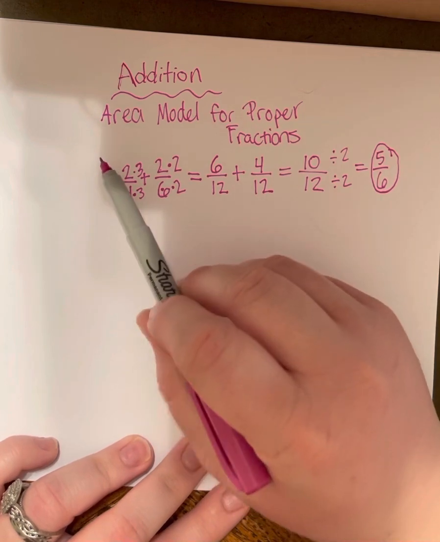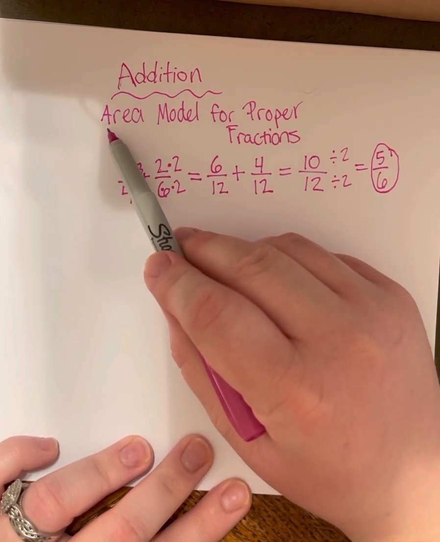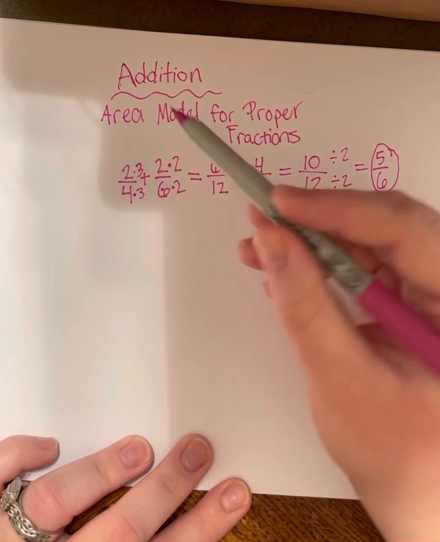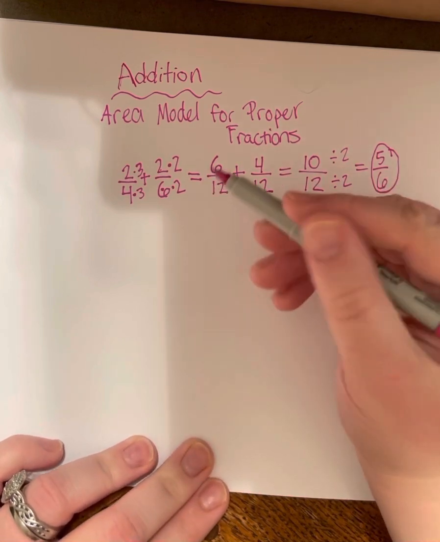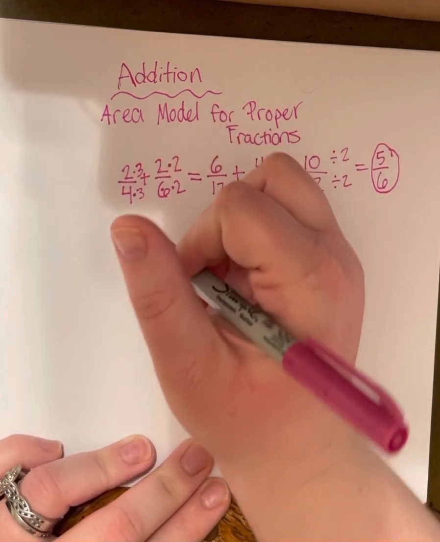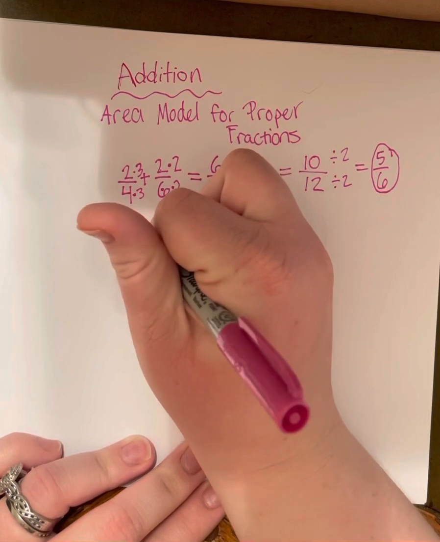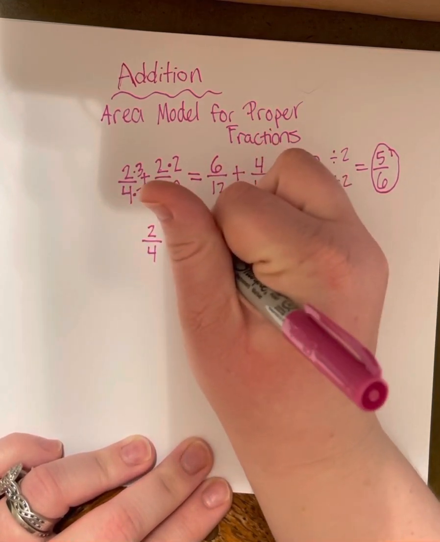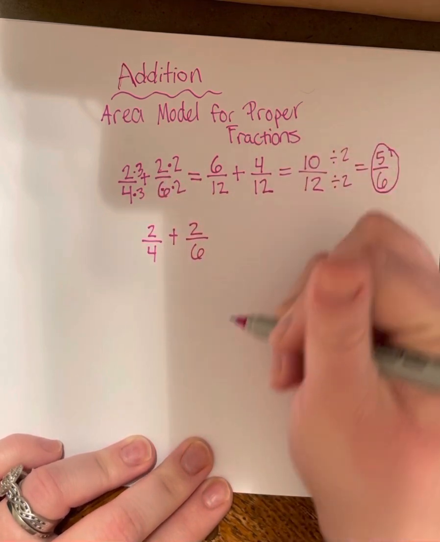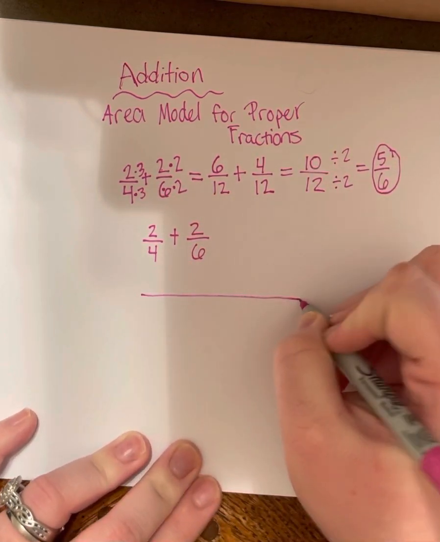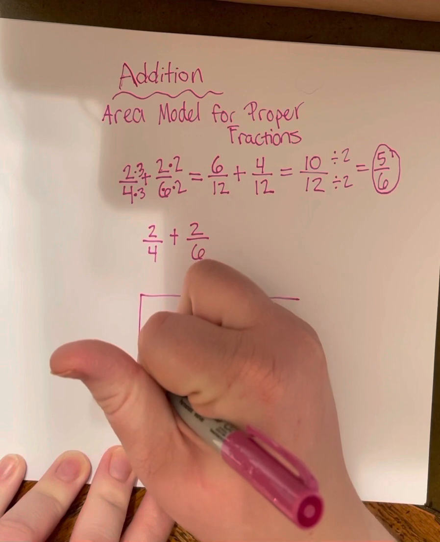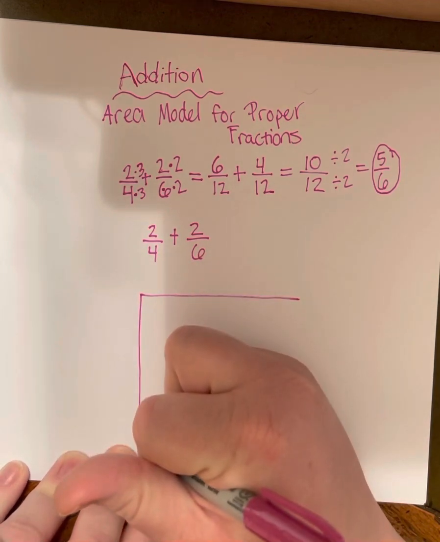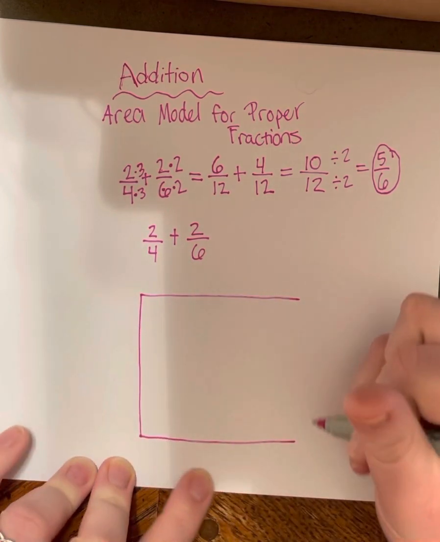However, we are going to try to solve it through the area model now because it is a more visual way to find out how to solve this. So again, our problem is 2/4 plus 2/6. And to do this, we do not have to simplify or change the denominators.